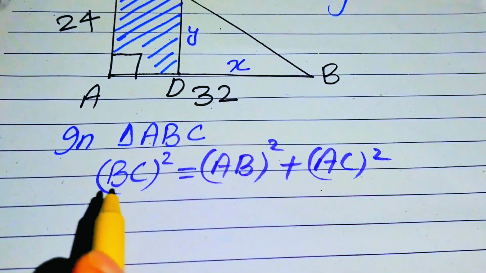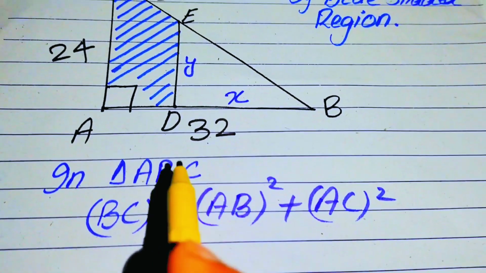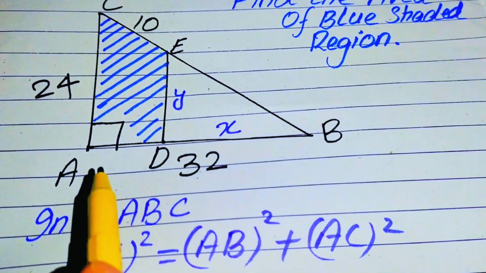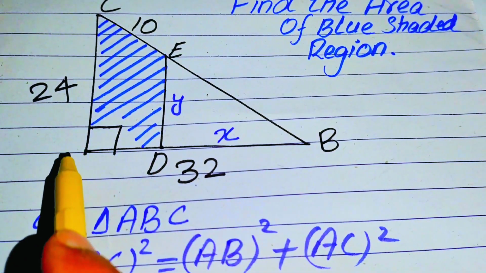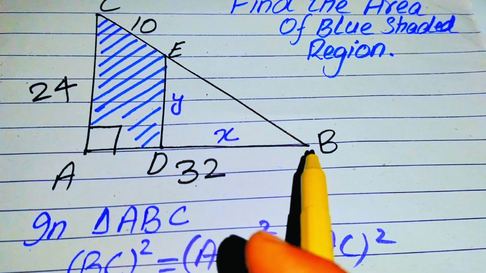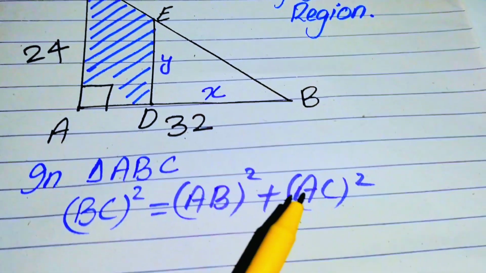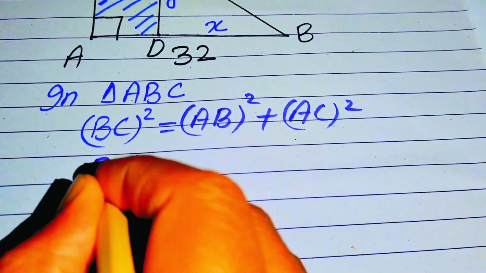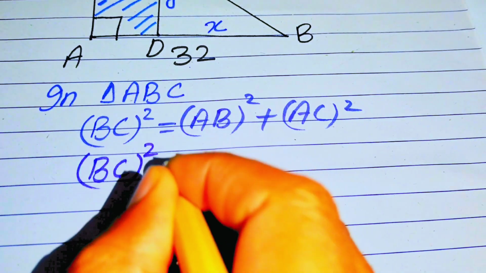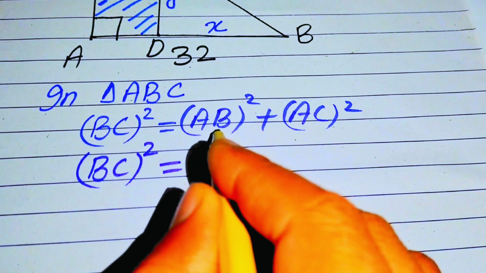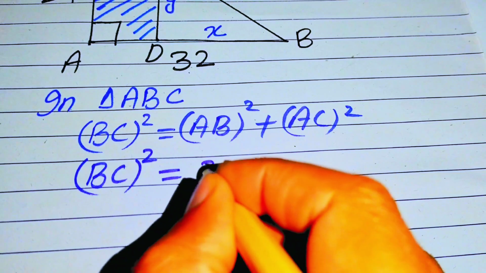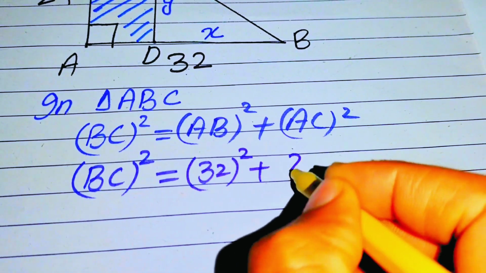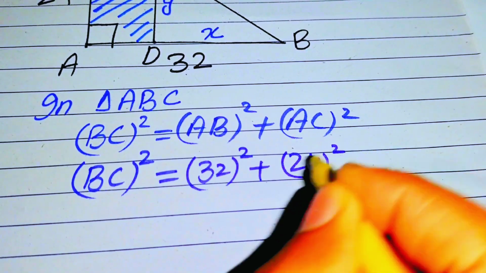This is the bigger triangle, and now we put the values here. You see that we have the value of AB is 32 and the value of AC is 24, and we don't have the value of the side BC, so here we first find the value of this side BC. We write BC square equals AB square, and the length of AB is 32 square, plus the length of AC is 24 square.